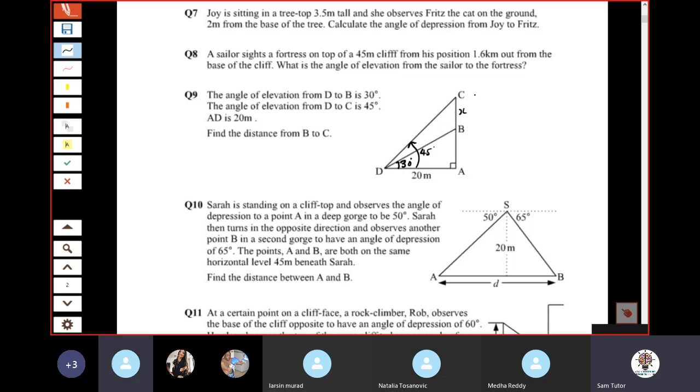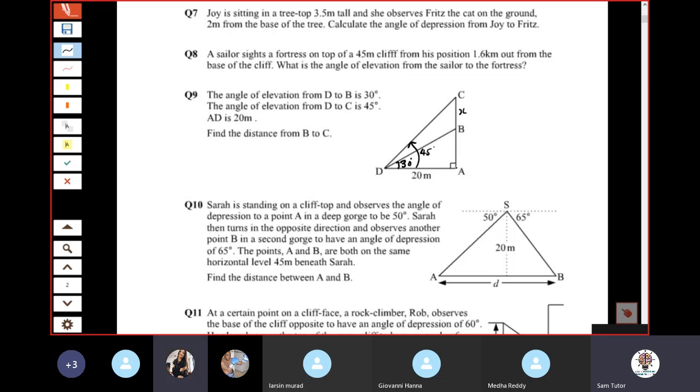Would you have to find length DB? All right, so if I did find length DB and you did use what Larson was saying with 15 degrees, you technically can go and find this x, but then you have to use non-right angle trig because it would be a non-right angled triangle, this one here. But imagine you had to use your right angles. So imagine you had to actually use the big triangle and the small triangle here.